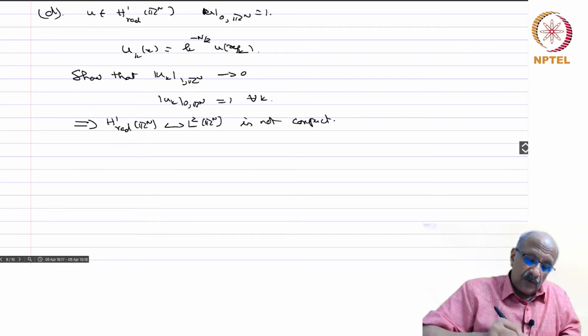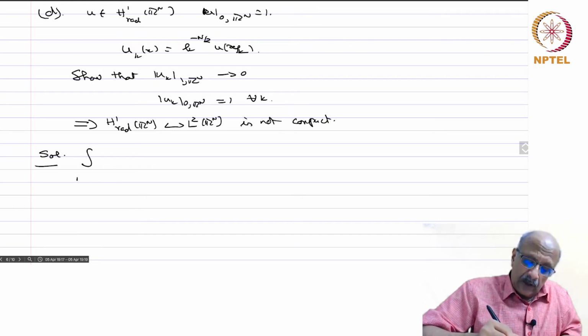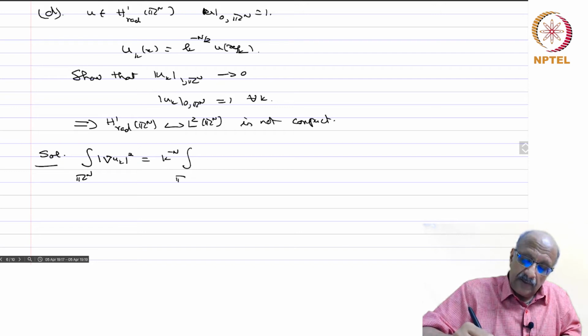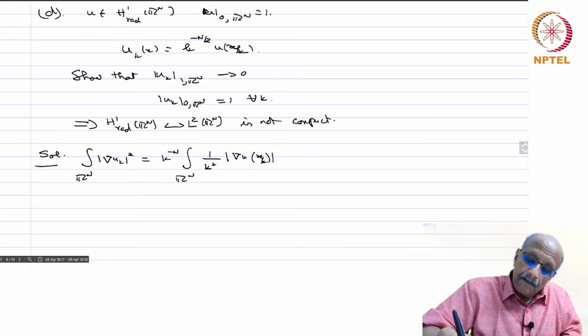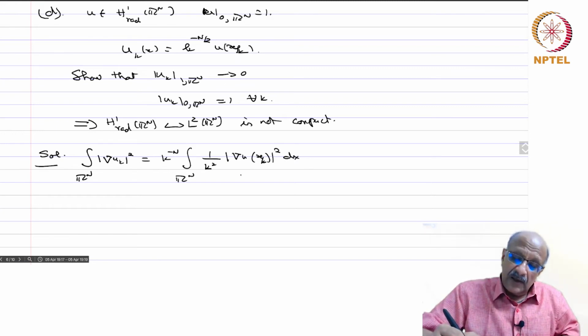Okay, so solution. The integral on Rn of |grad u_k|^2 equals k^(-n) times the integral over Rn of, since I am going to differentiate, 1 by k^2 |grad u(x/k)|^2 dx.